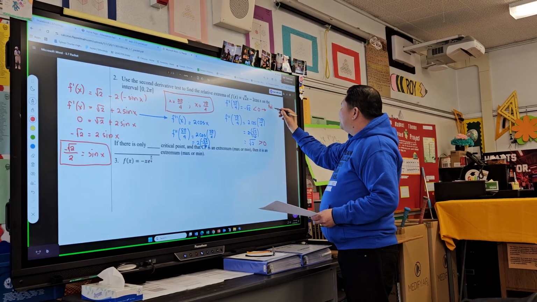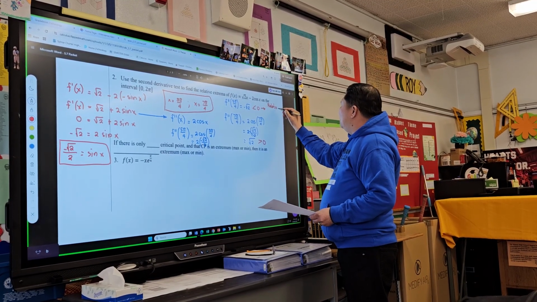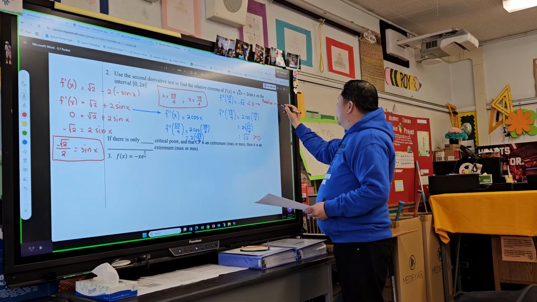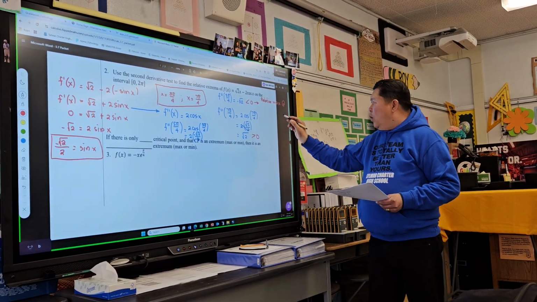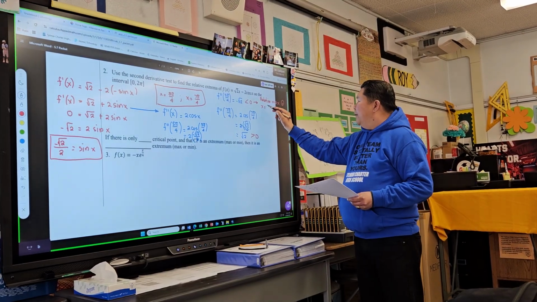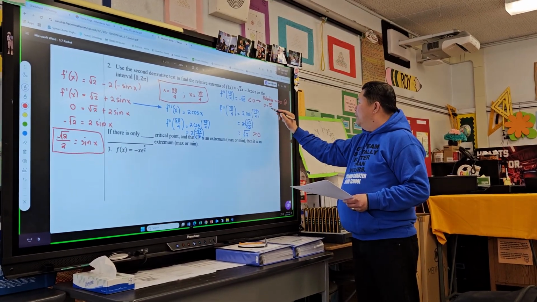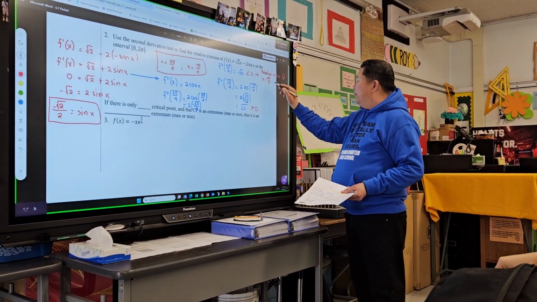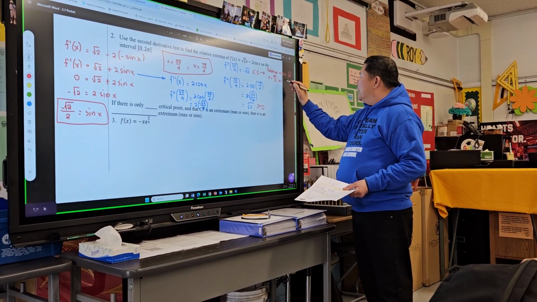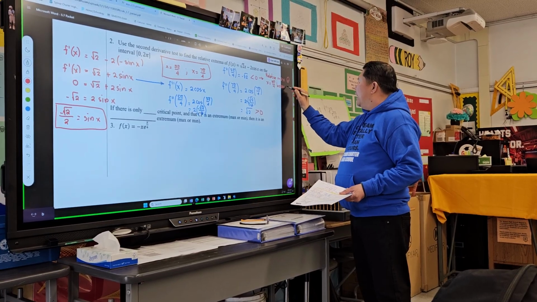So we say relative maximum at x equals 5 pi over 4, because what is happening in the f prime?